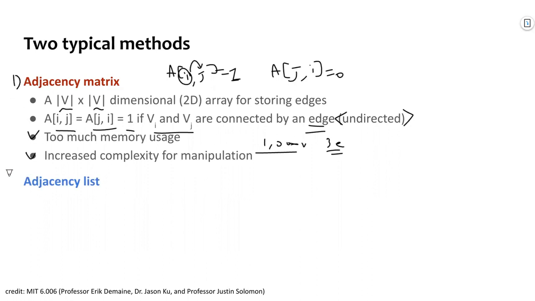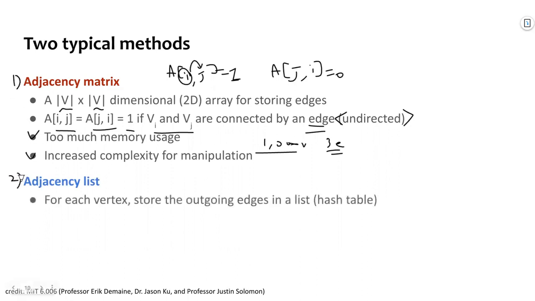The second method we can use is adjacency list. For each vertex, we're going to store the outgoing edges in a list. And this list could be a hash table, so the storing and retrieving processes can be very efficient because we're using hash.